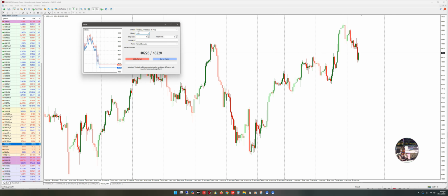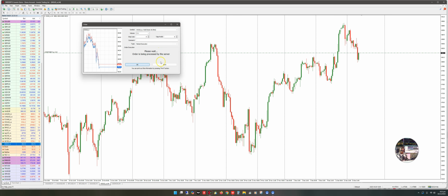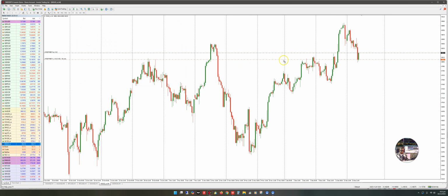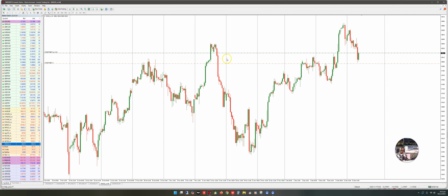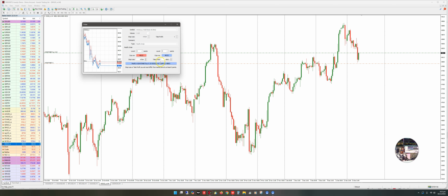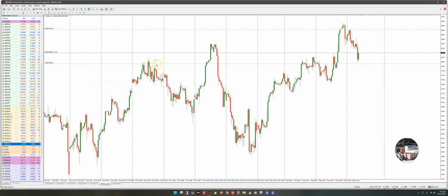For this lot size, if I lose my stop loss, which is about 25 pips, I'll be losing $25, and my take profit is about 57.8 pips, which gives us $57.8 as my take profit. That is how the lot sizing works. The same thing is applicable if I take one lot size. It means I'm risking $250 to make $500.